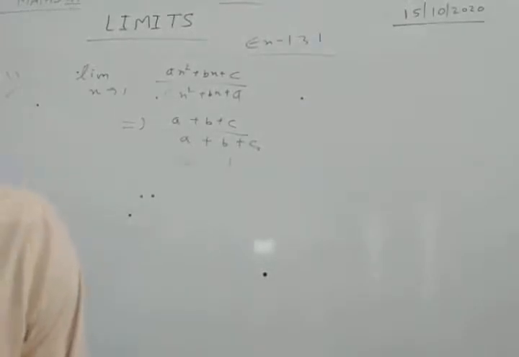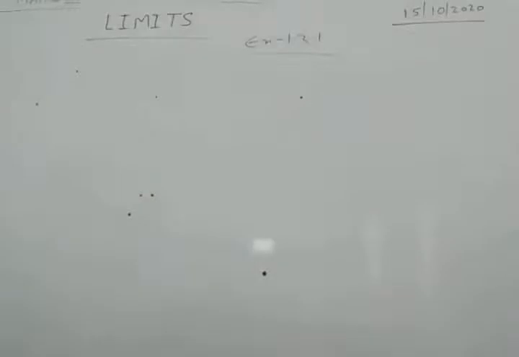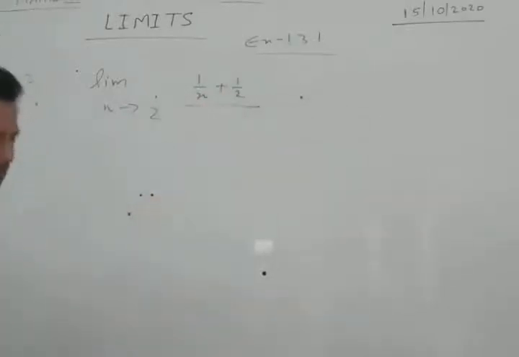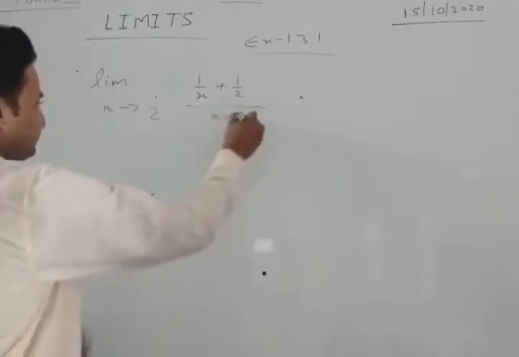Now we will see the next question, question number 12. Limit x tends to 2 of (1/x minus 1/2) divided by (x minus 2).